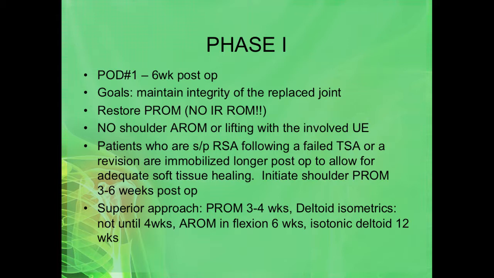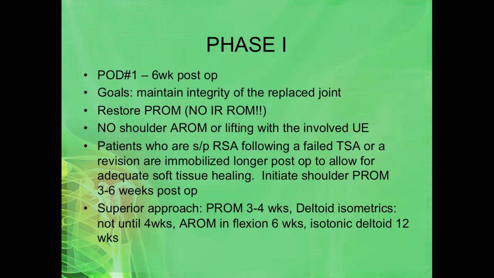Patients who are status post reverse shoulder following a failed total shoulder are usually immobilized longer. Once you start to get into secondary surgeries or revision surgeries, the extensibility of the soft tissue is diminished. So we have to be careful and give it more time to heal. So those individuals, we usually don't do passive range of motion until 3 to 6 weeks.